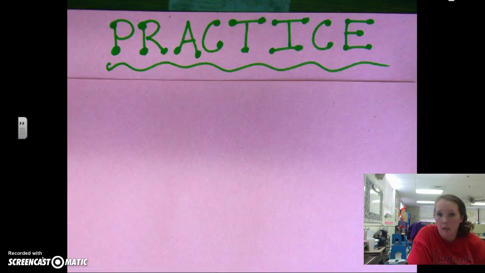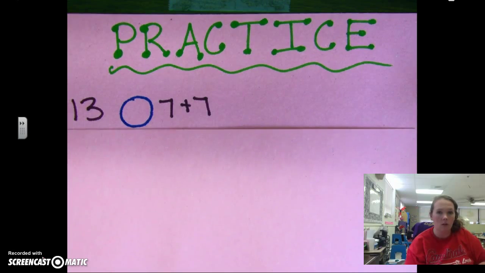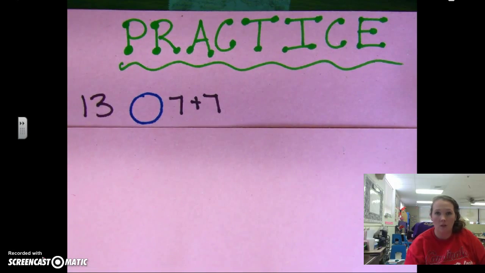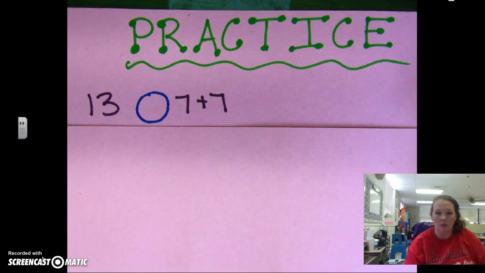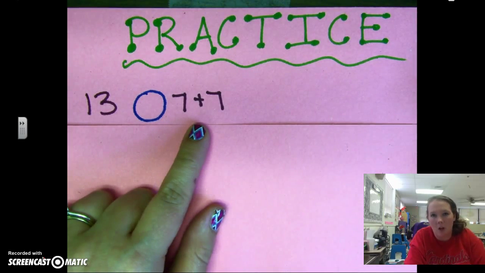Okay, let's do some practice problems, and if you need to pause the video so you have more time to do it, that's totally fine. First, I want you to tell me if this equation is equal or not equal. So you'll fill in the circle with an equal sign or not equal sign. I have 13 on this side and 7 plus 7 on this side.